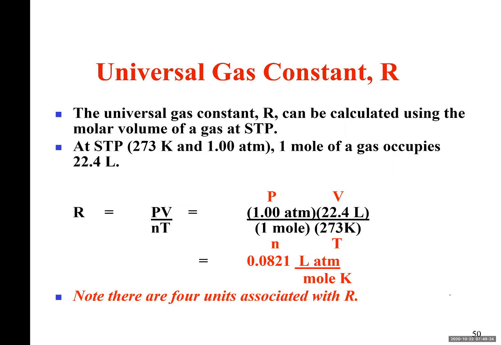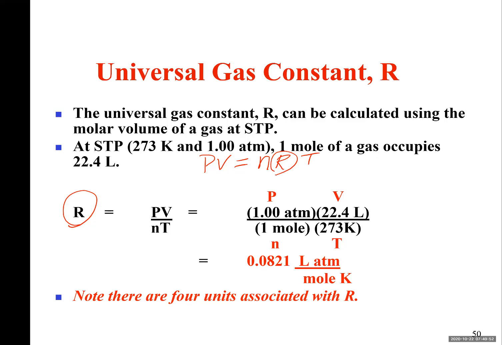But before that, let's calculate this constant. Once we calculate it, we can use it for any gaseous system. It's constant, it doesn't change. So guys, let me write the equation again. Did we say the ideal gas equation is PV is equal to nRT?